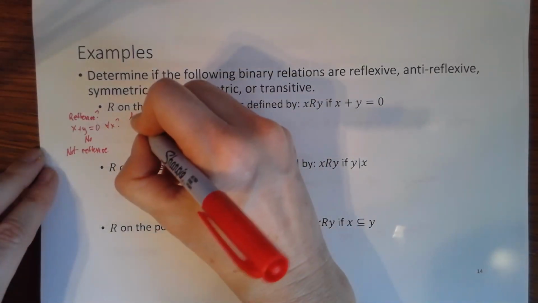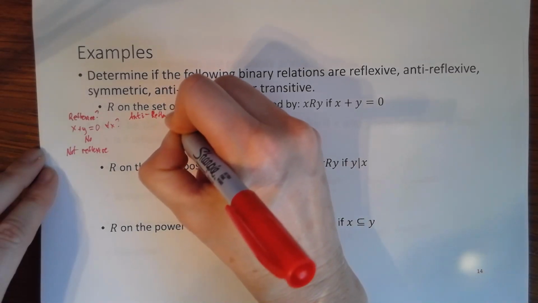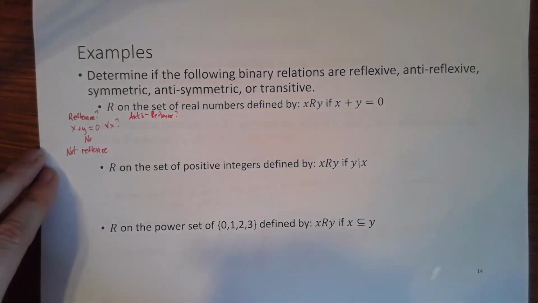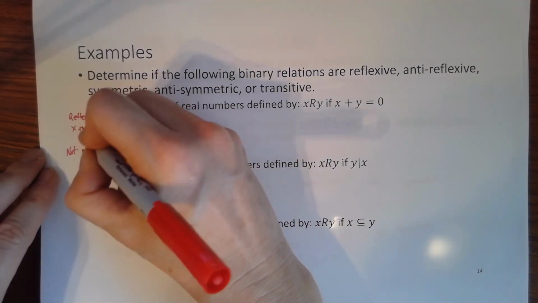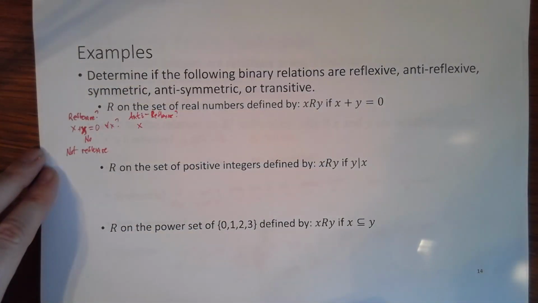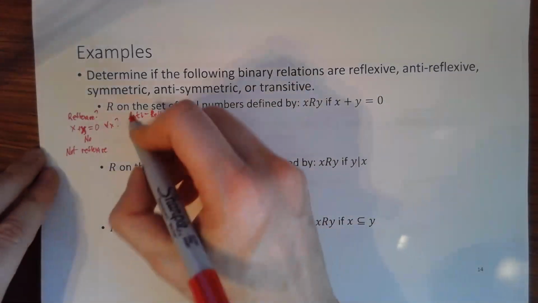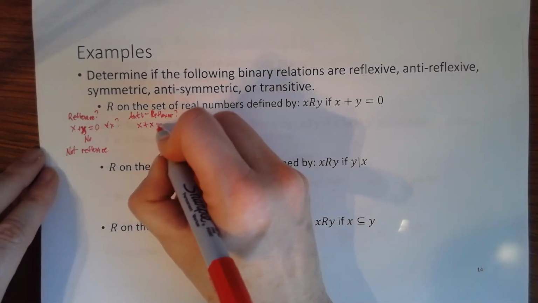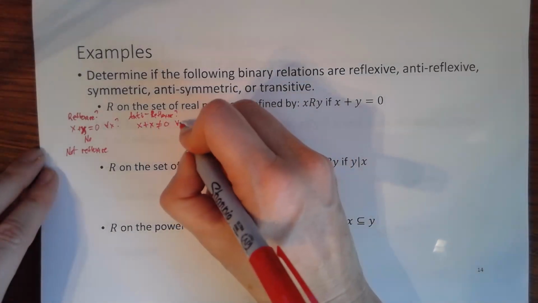Is it anti-reflexive? Okay, well, is it true that, sorry, this should be an x over here. If I take an x and add it to itself, will I always get 0? No. Okay, if I take an x and add it to itself, will I never ever get 0, no matter what x is?